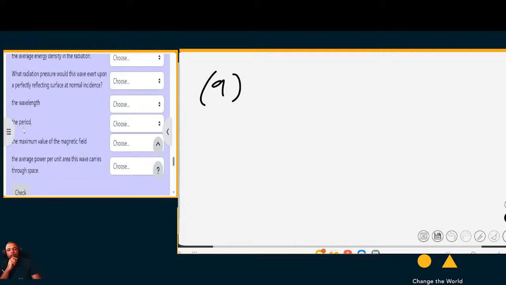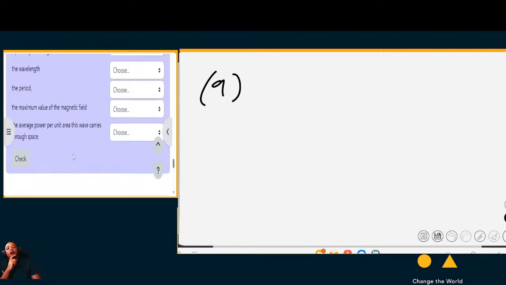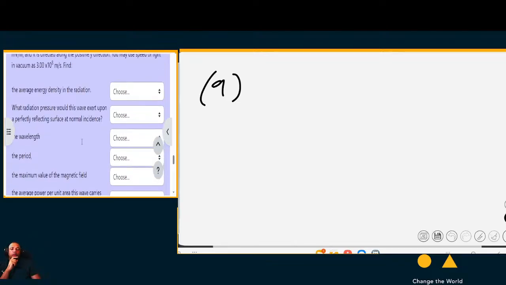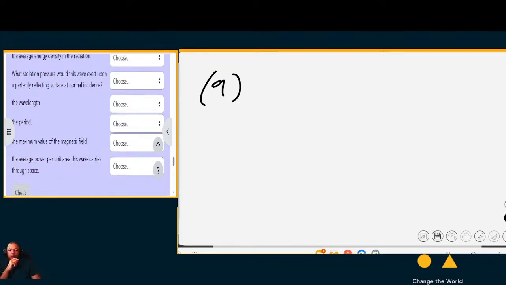The wavelength, the period, the maximum value of the magnetic field, the average power per unit area. Now, the simplest thing to start with is the period. Let's start with the period. Period simply is T equal to 1 over the frequency.